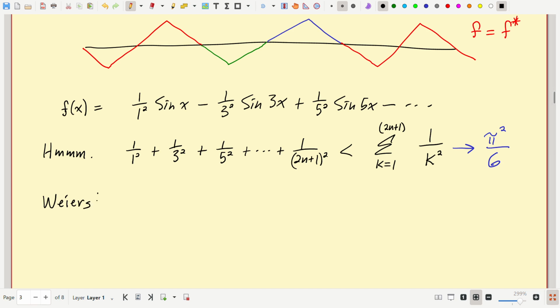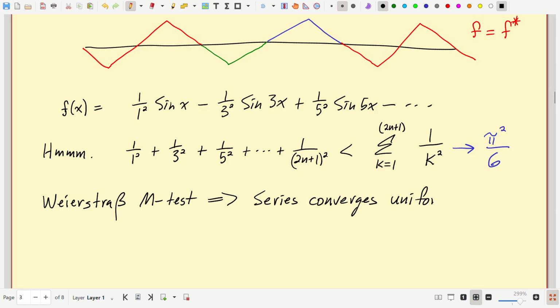The Weierstrass M-test implies that this series converges uniformly to something. The series converges uniformly to a continuous function.